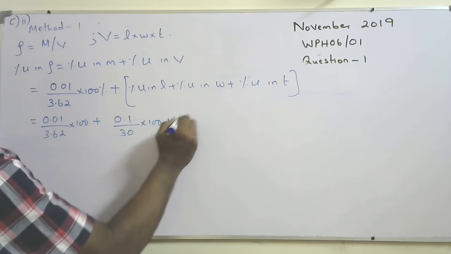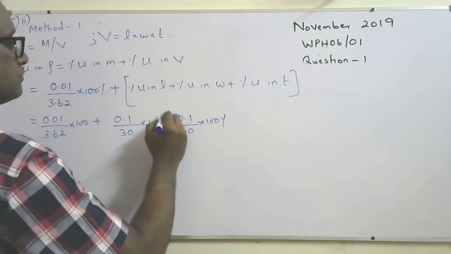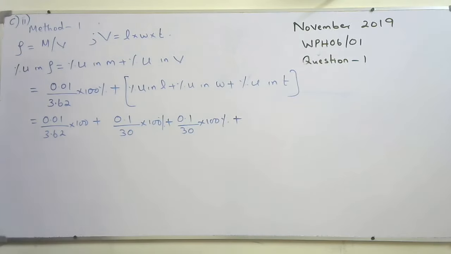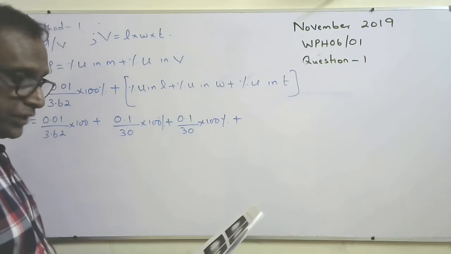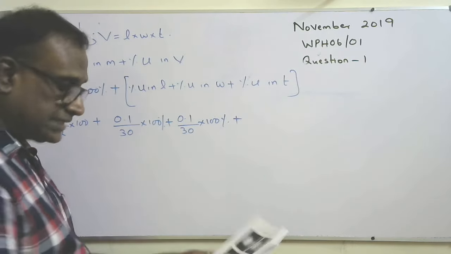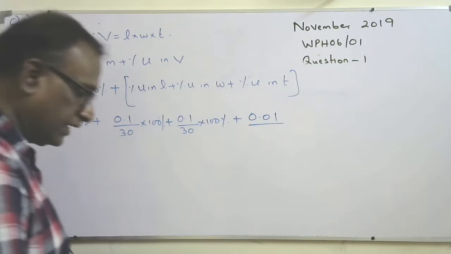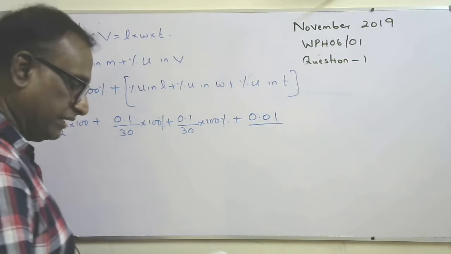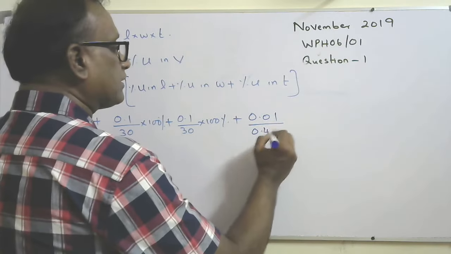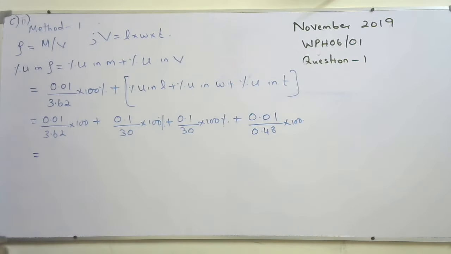Width is also the same, 0.1 over 30 into 100, plus percentage uncertainty in thickness. Thickness we already found, the uncertainty 0.01 using repeated measurements, which I discussed in the B part: 0.01 divided by 0.48 into 100. Okay, solve it, you will get the percentage uncertainty finally.